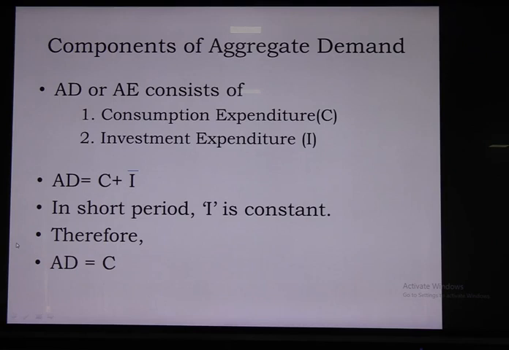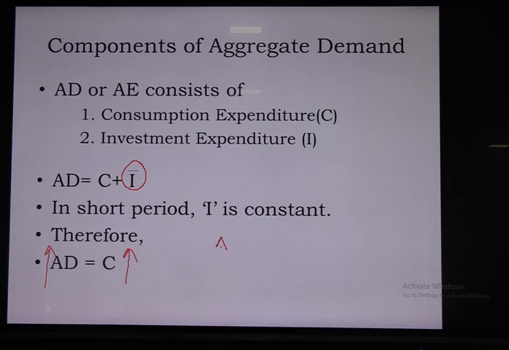According to Keynes, if a country wants to raise aggregate demand, the only possible way is to increase consumption. Consumption increases, aggregate demand also increases, because I is constant. Only consumption can be changed.